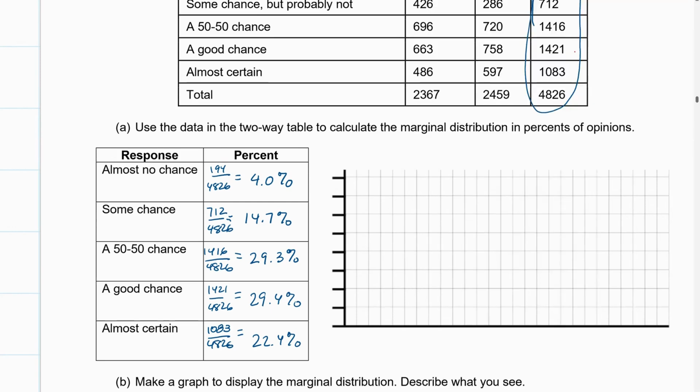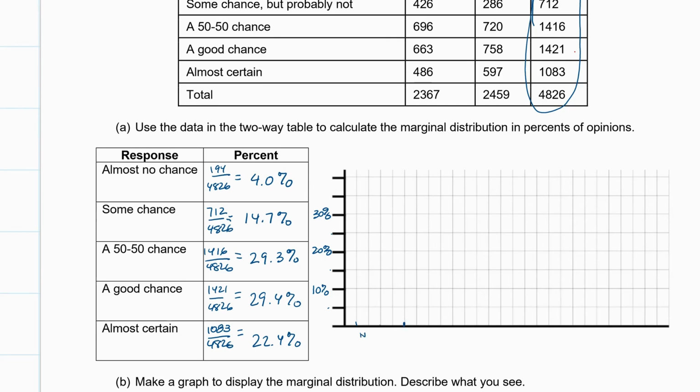Our largest number is about 30%. So if we go up by 5, 10, 15, 20, 25, 30, looks like that'll be good. So let's call this the 10% mark, call this the 20% mark, call this the 30% mark. I can go over by 1, 2, 3, 4 wide.